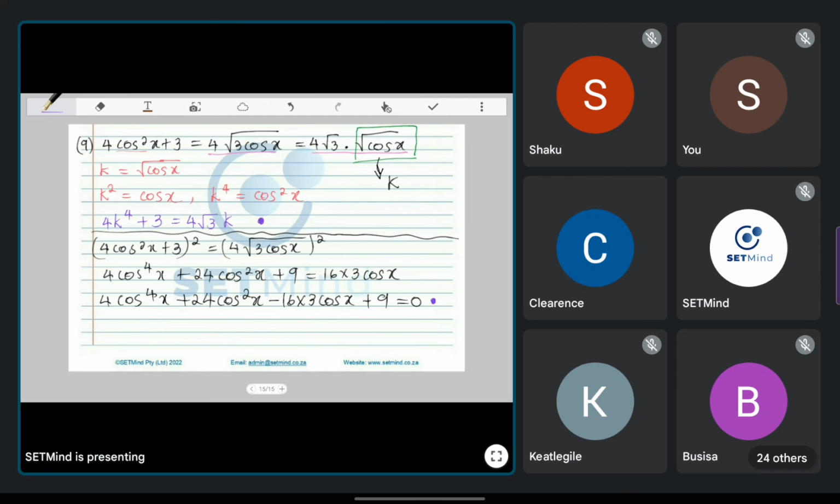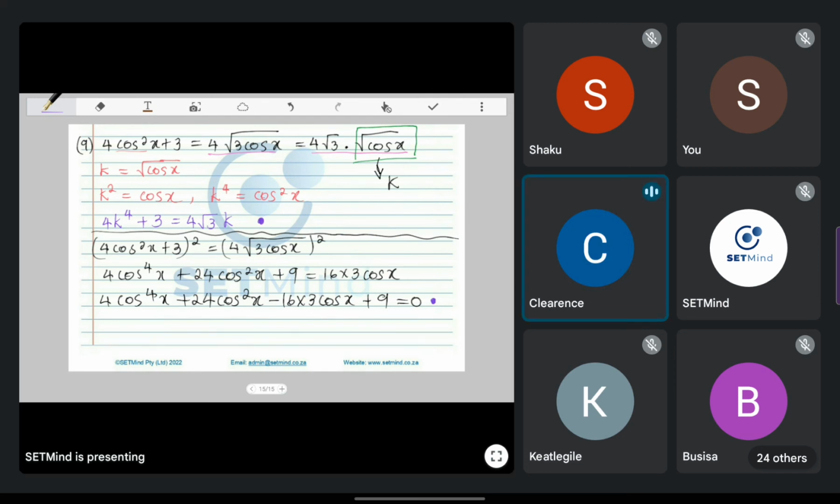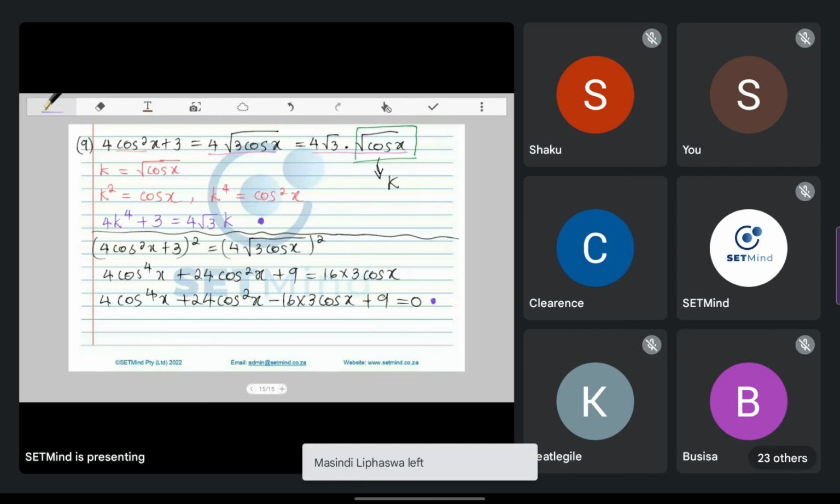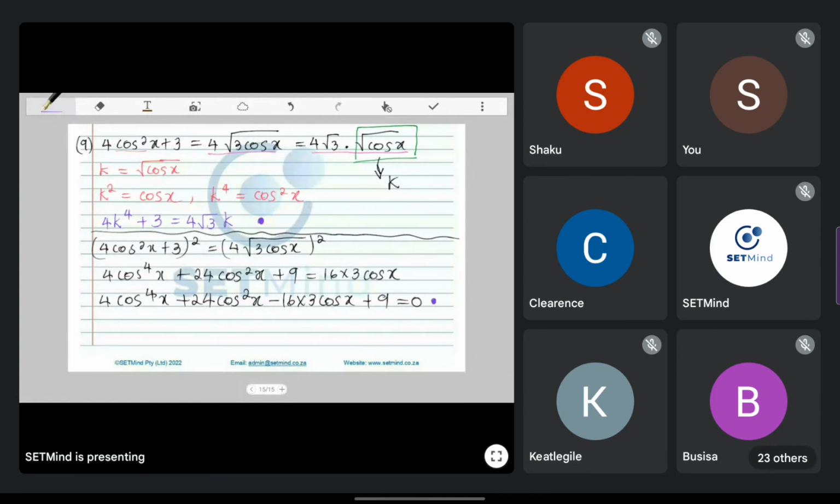Sir, yes, sir. I'm not sure if this is going to work, but I think we should take the 4 square root of 3 cos x to the other side, and then it becomes negative, and then we expand the square root and solve. That's what I think. I'm not sure if it's going to work.